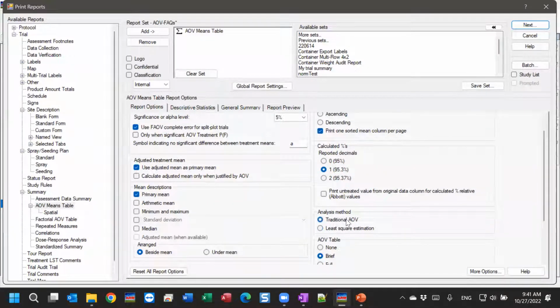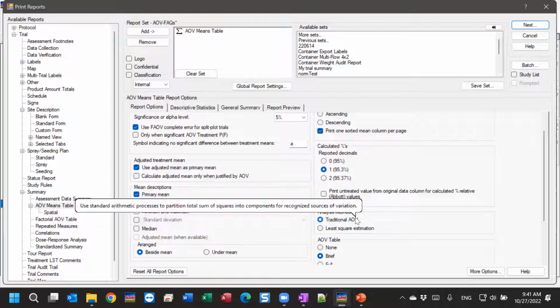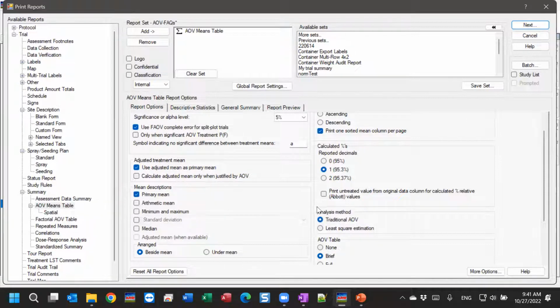There's the traditional AOV, generally not recommended, but if you are running that, then the traditional AOV requires a missing data estimate. So we have to basically put in a value in that point, whether it's been marked as damaged and we threw it out, or if it was missing and we never had it in the first place.